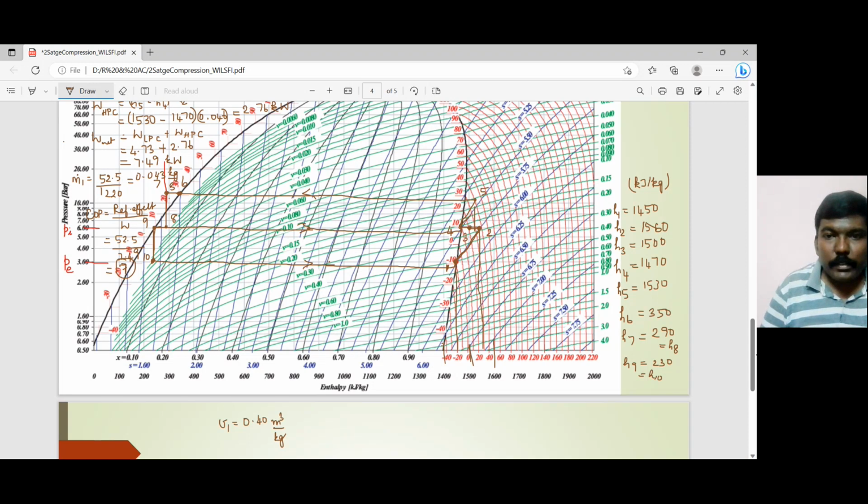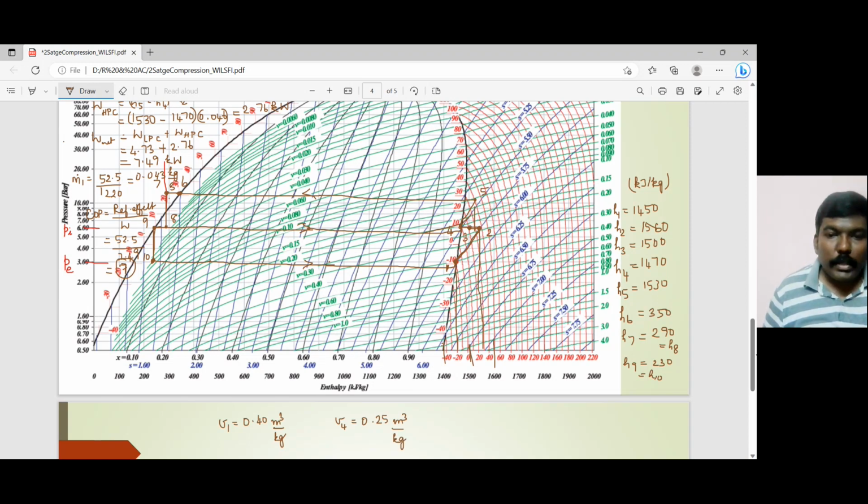Similarly, at point 4, the green line that passes over here is V equal to 0.25. So V4 is 0.25 meter cube per kilogram.